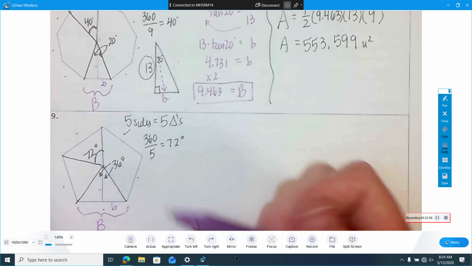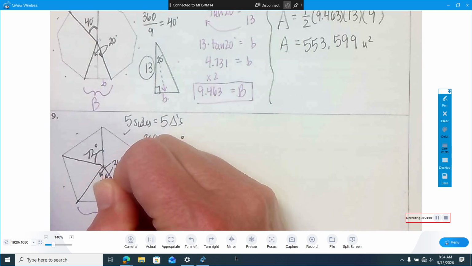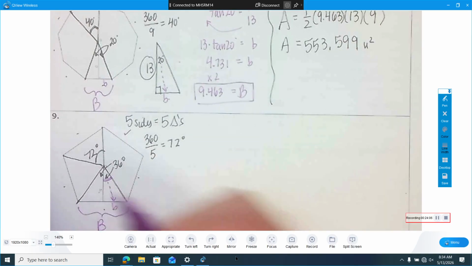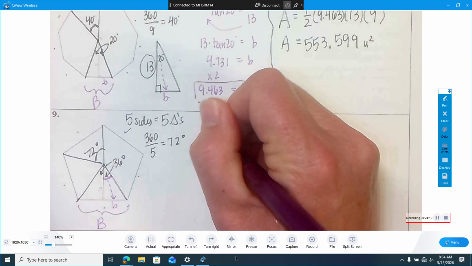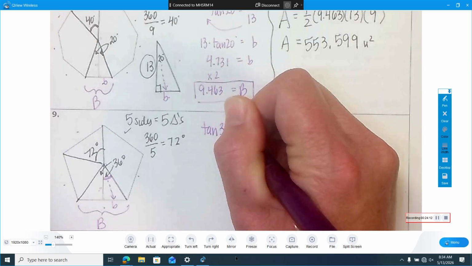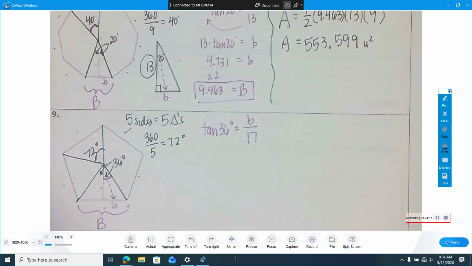Okay. So now if I have my 36-degree angle, then I have my opposite and I have my adjacent of 17. So opposite and adjacent is tangent of my 36-degree angle is opposite over adjacent, b over 17.